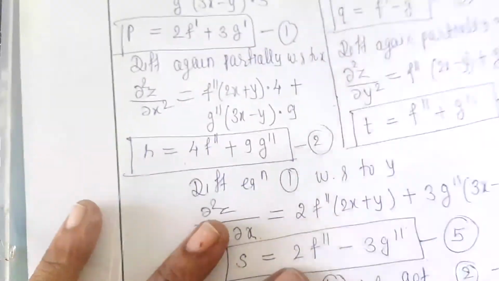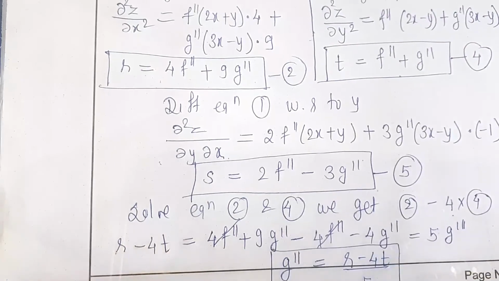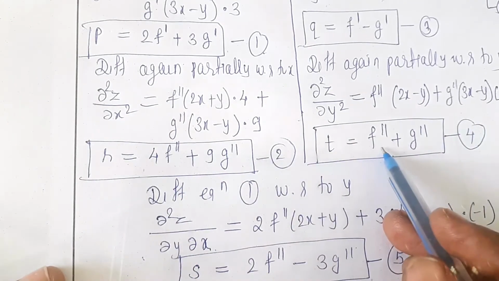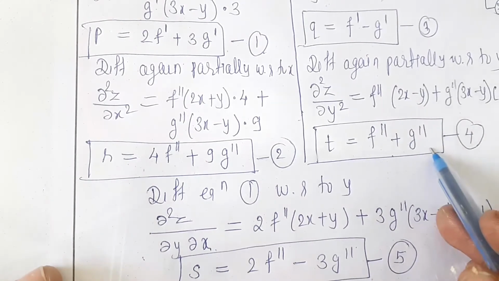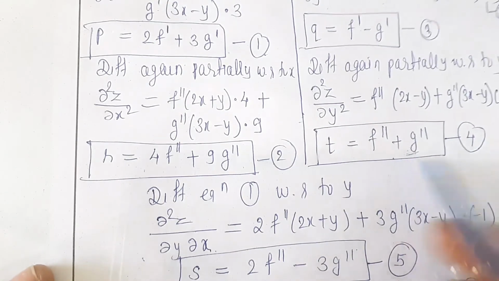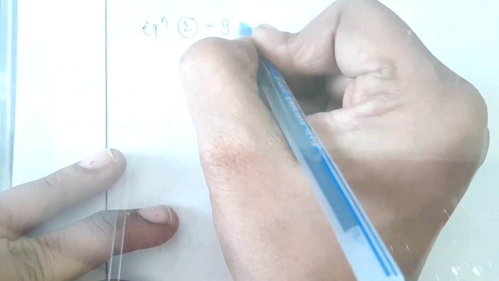Next, if we want to find the value of f double dash, we can obtain it by eliminating g double dash from equations number 2 and 4. So we have to multiply here by 9. We write the next equation as equation number 2 minus 9 times equation number 4.